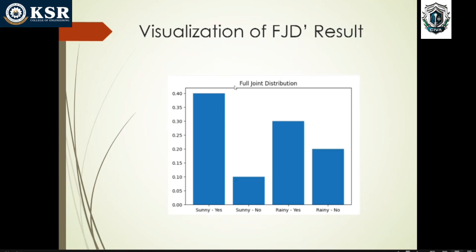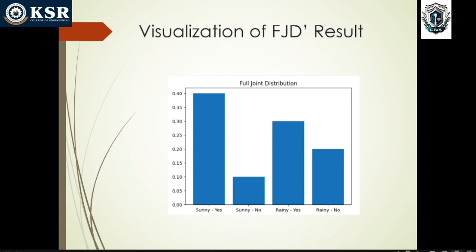This is the title I already gave in the code, and then this is the data frame. I use weather and then my picnic data, and then probability. This is the probability I want to set, so I use the data frame. This way all the probabilities are done. This is the visualization of FJD.